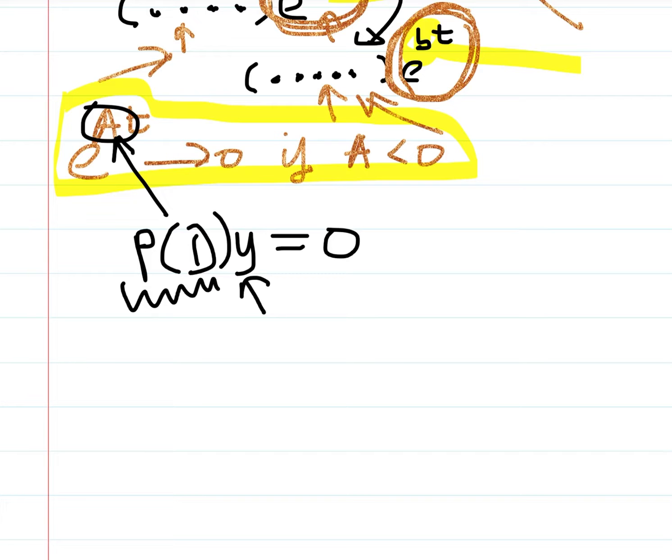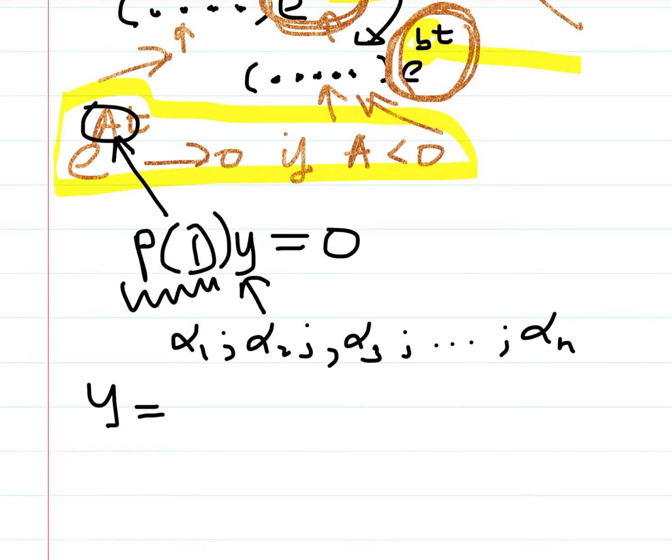So if the polynomial p of D was of order n and it had, suppose, n roots, let's suppose they were all real, just for the first case, then the solution y would be a product: a constant e to the alpha 1 t, or e to the alpha 1 x, depending on which variable you use as your independent variable, and the last one will be a constant e to the alpha n t.